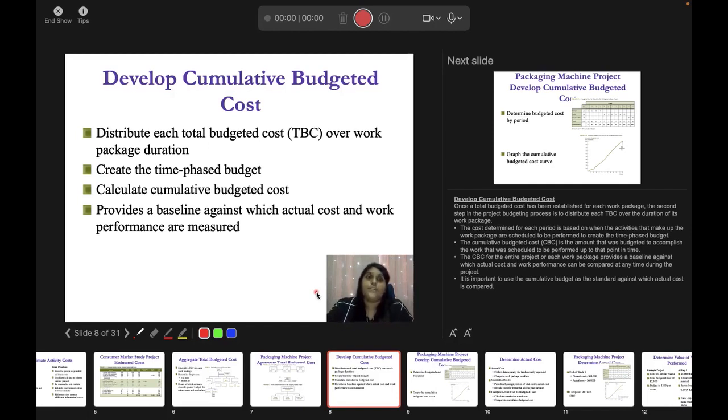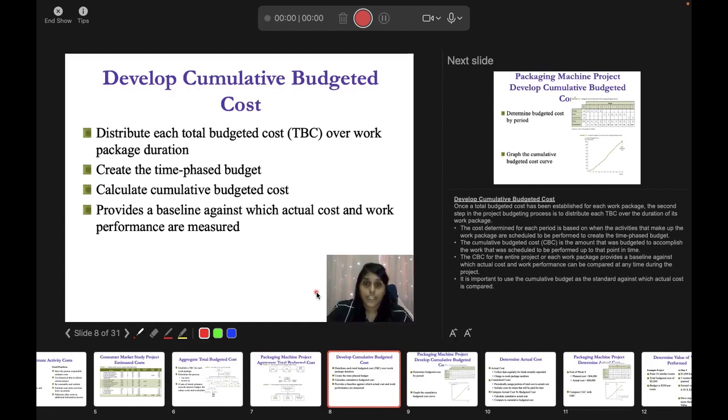Now, you need to distribute each total budget cost over work package duration, create the time phased budget, calculate cumulative budgeted cost, and provide a baseline against which actual cost and work performance are measured. Okay, you will have a graph or a bar chart that is going to show you a baseline of your actual cost and your work performance against your planned cost, right?